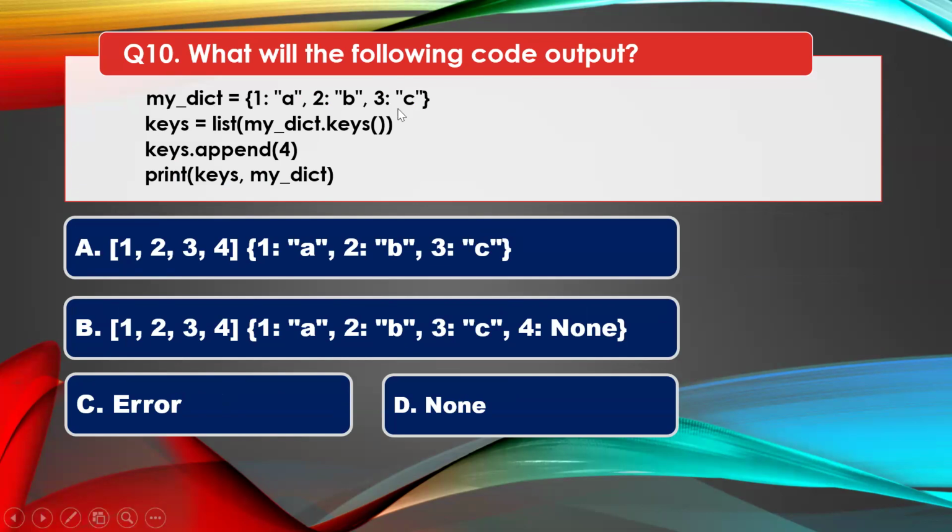There is a dictionary and we are taking all the keys of the dictionary and we are converting them to a list. Now, what will be the output?